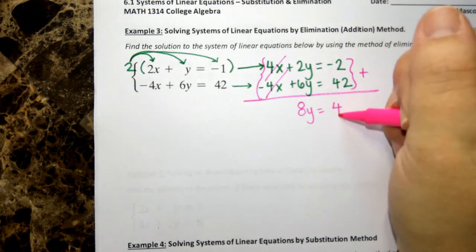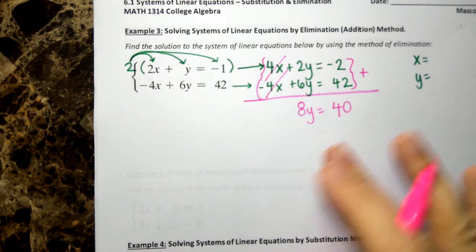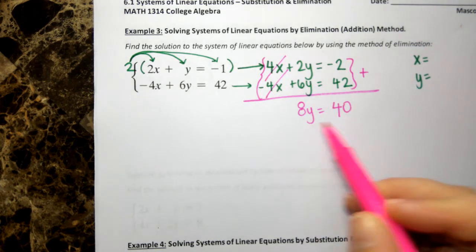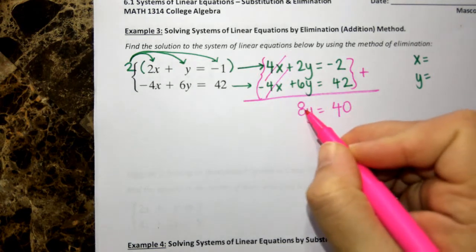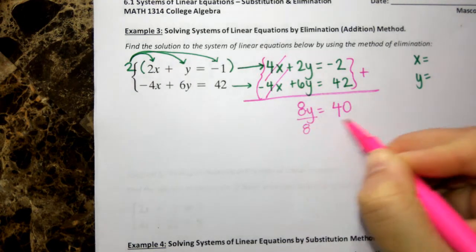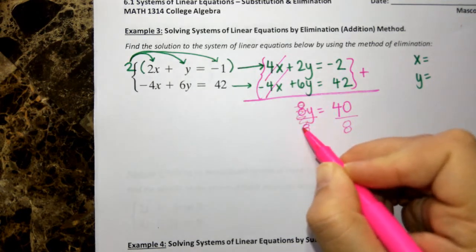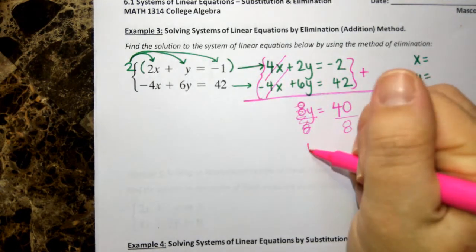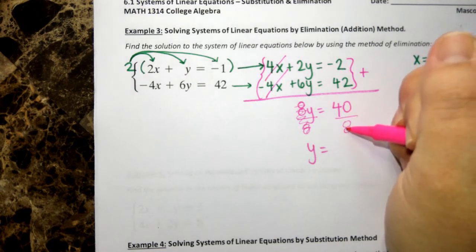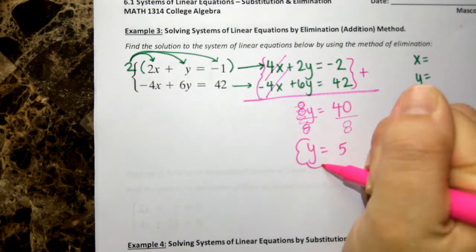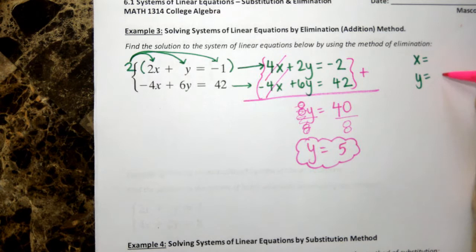That's 40. And now I can easily solve this. This is just a 1 variable equation. I'm just going to solve for y by dividing both sides by 8. 8 times what is 40? And 8 divided by 8 cancels out. That's just 1 whole. And our y value is 40 divided by 8, which is just 5. So we know the y value of this solution is 5.